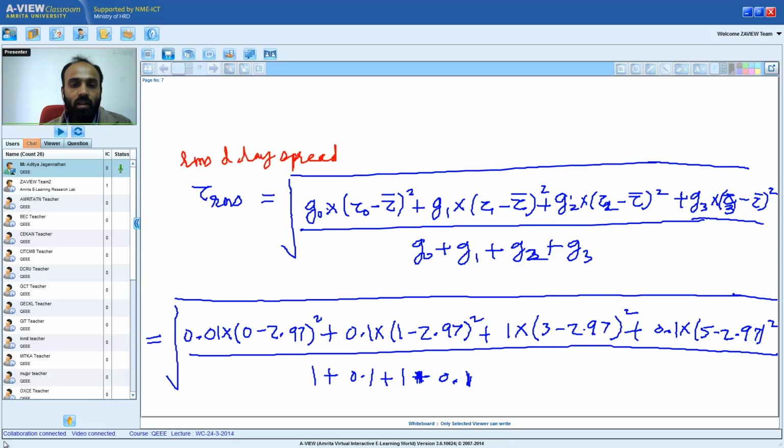Hopefully this is clear. What I'm writing here is summation of Gi into tau i minus tau bar square, divided by summation Gi, whole under root. And therefore what is this value? 0.86 microseconds, that is one college. Can someone else also calculate this value? Tell me what is the answer that they are seeing?